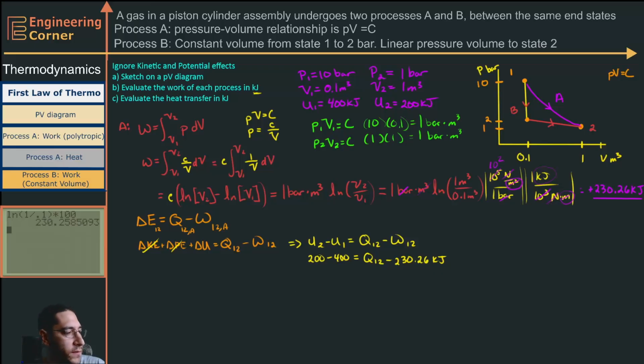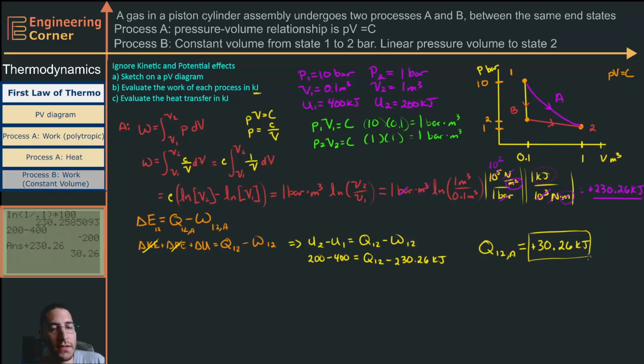So now we can do 200 minus 400, that's minus 200, and then we can add in plus 230.26. And we get that Q1 to 2, of A, is equal to plus 30.26 kilojoules. So that means that this heat is coming into the system. So this is the heat and work for part A.